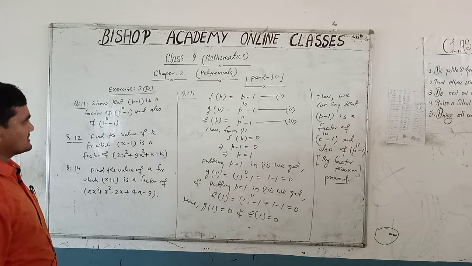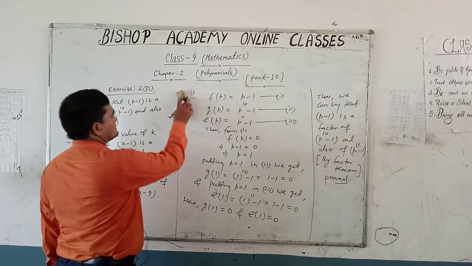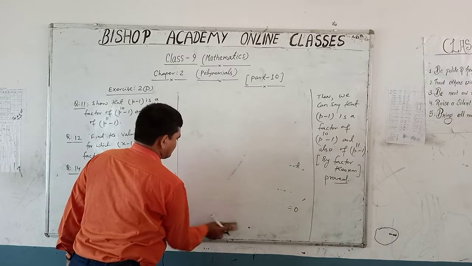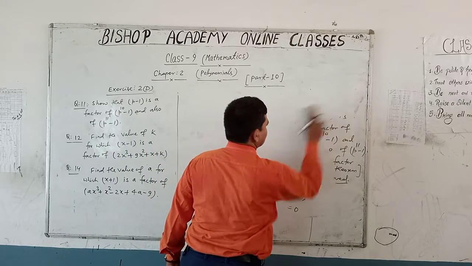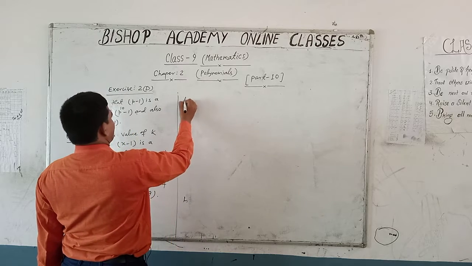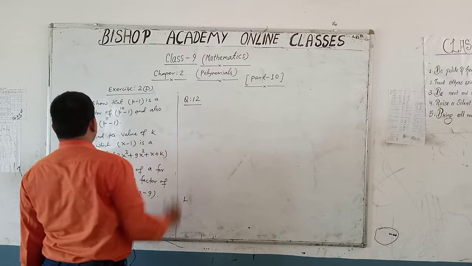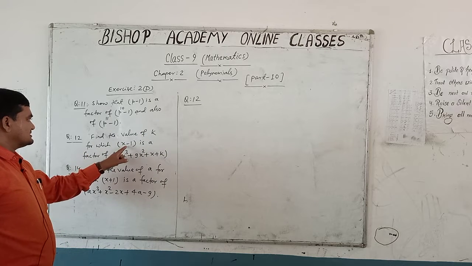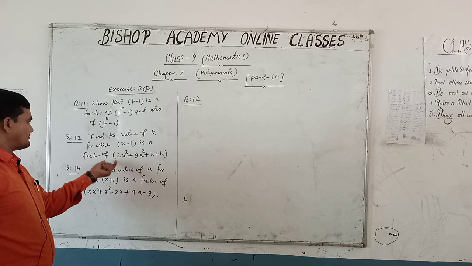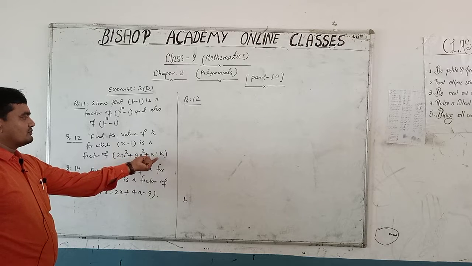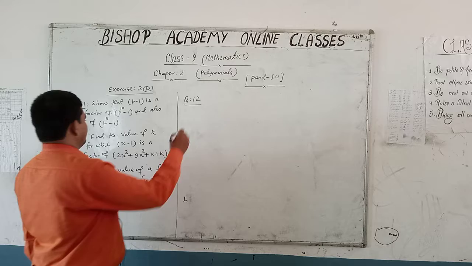Now, student, we will solve question number 12. And in question number 12, we have to find out the value of k when x minus 1 is a factor of polynomial 2x cube plus 9x square plus x plus k.